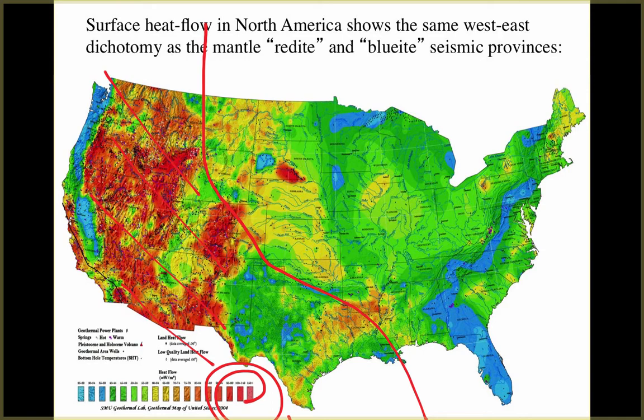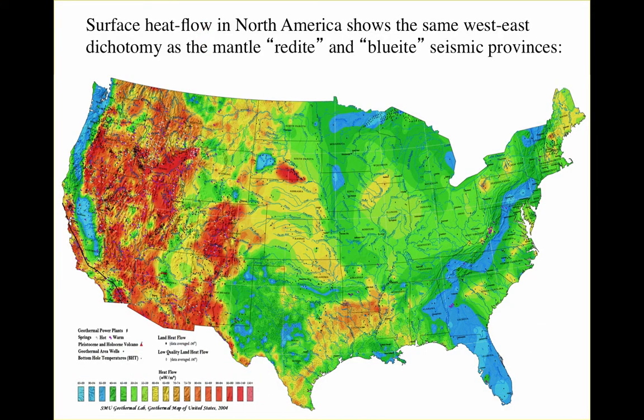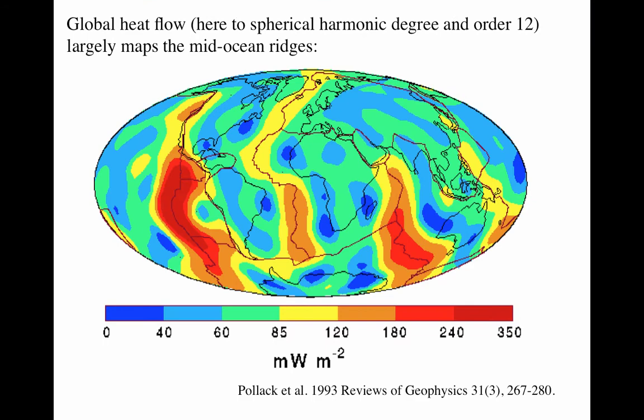In the eastern US, we see these green and blue patterns representing only 40 to 60 milliwatts per meter squared. That contrast between the western and the eastern US is what causes the western US to have such active tectonics and the eastern US to be old and cold, rigid and resistant to tectonism at the present day.